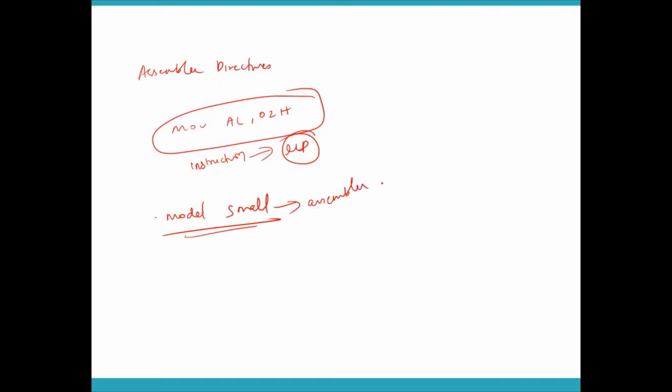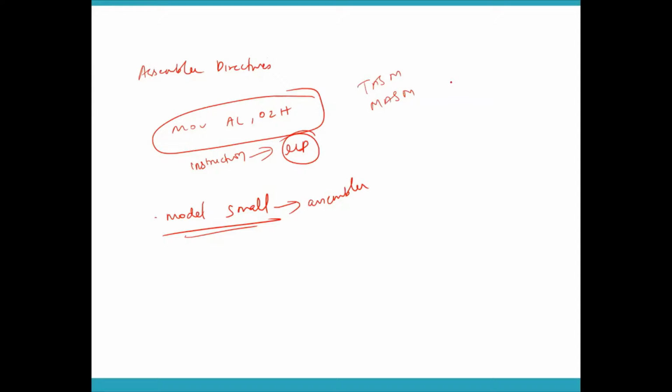The assembler. So always keep in mind, instructions are commands to the microprocessor, whereas assembler directives are commands to the assembler to do something. Okay? And assembler directives are specific to a particular assembler. So depending upon whether you are using TASM or MASM, the assembler directives may differ.